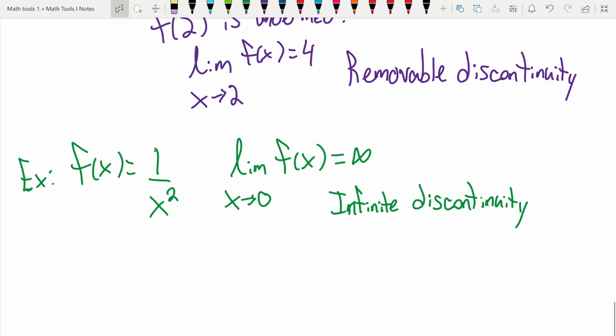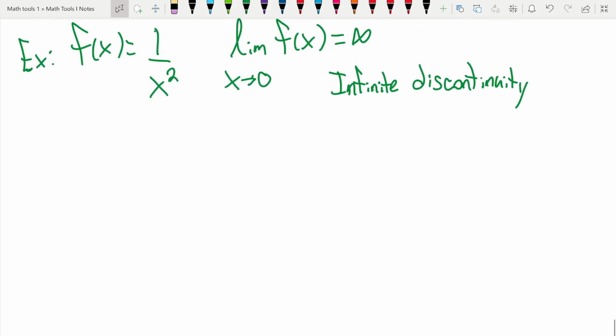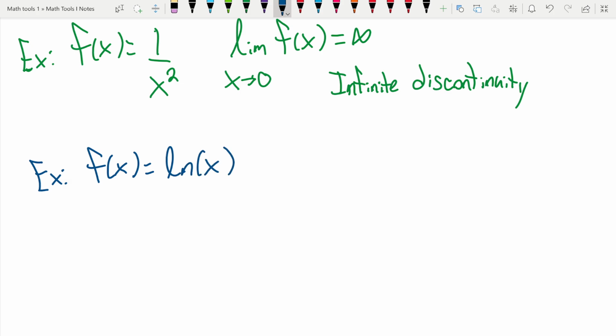So if we look at a different type of function now, one that we haven't seen, like the logarithm function, for example. So the natural log of x. At 0, this function is clearly not continuous because f of 0 is undefined. But what kind of discontinuity would this be, right?